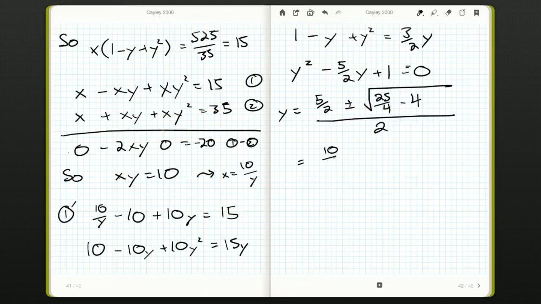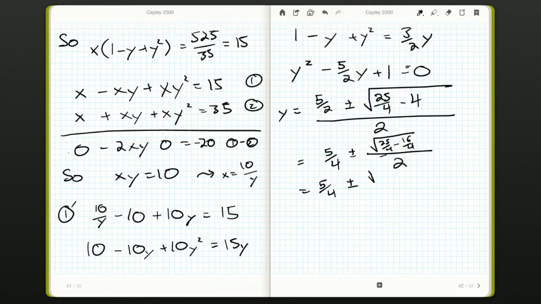So that's 5 over 4 plus or minus square root of 25 over 4 minus 5, all over 2. And you see, we don't even need to do this because when we add up these two different possible y values, this term over here is going to cancel out because we have a plus and a minus.